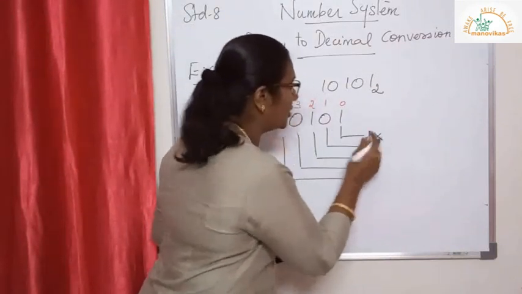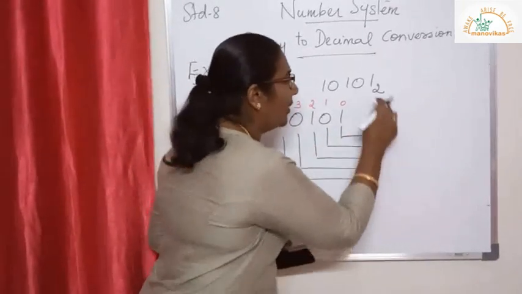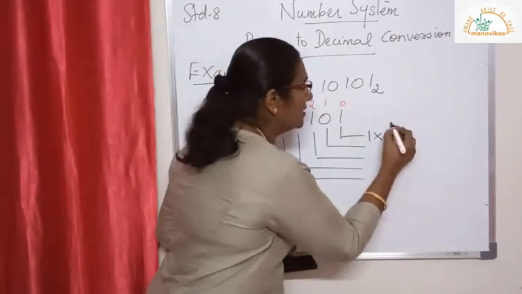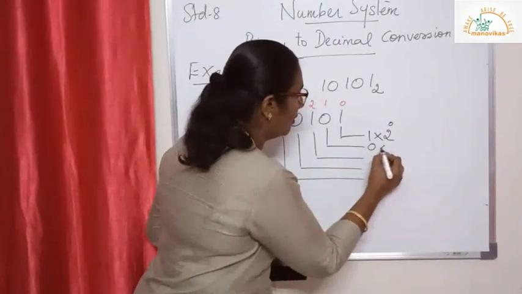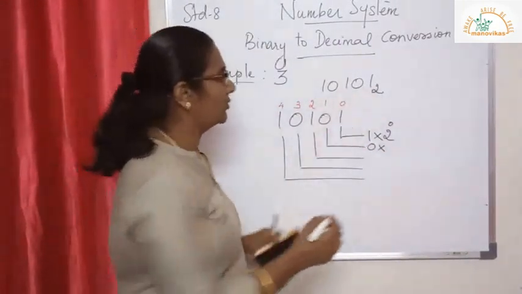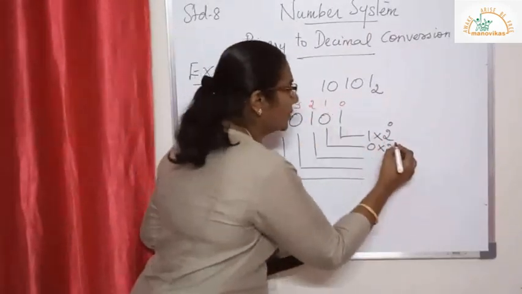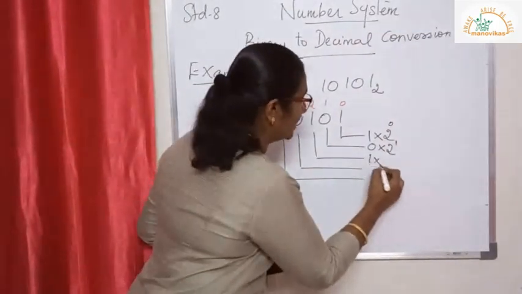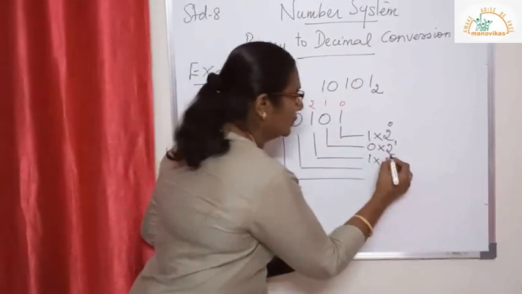Take each digit, that is the first digit is 1, multiplied by the base of the number, that is 2, to the power of its position, that is 0. Next digit, that is 0, multiplied by the base of the number, that is 2, to the power of its position, that is 1. Next is 1 multiplied by 2 to the power of its position, that is 2.